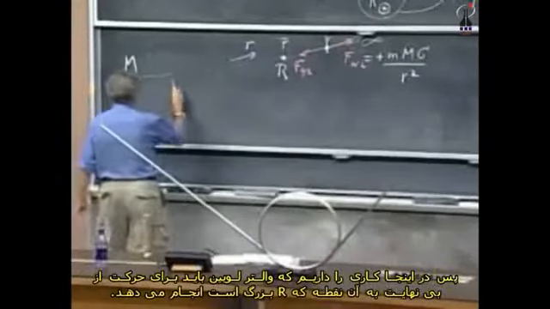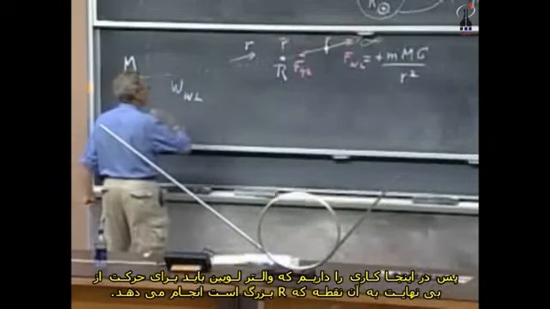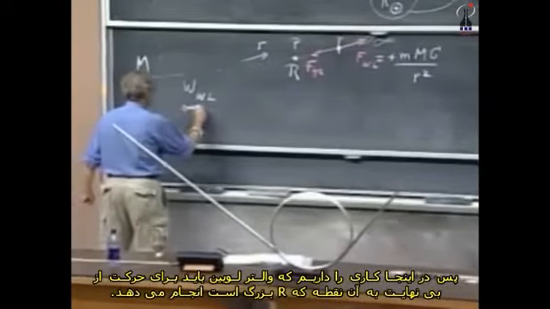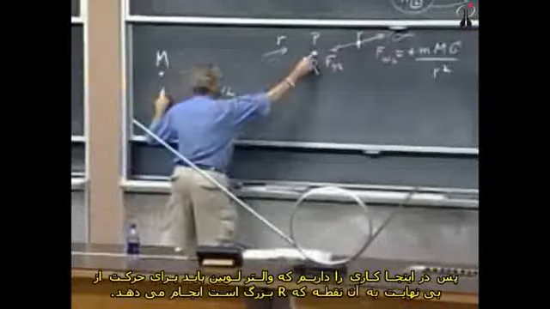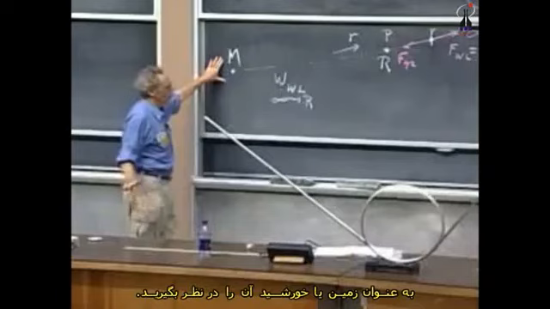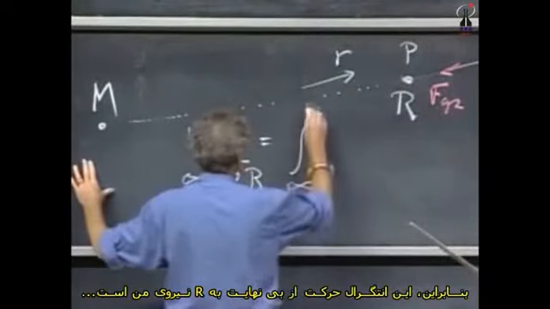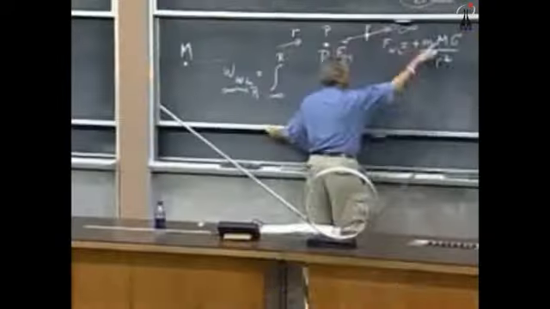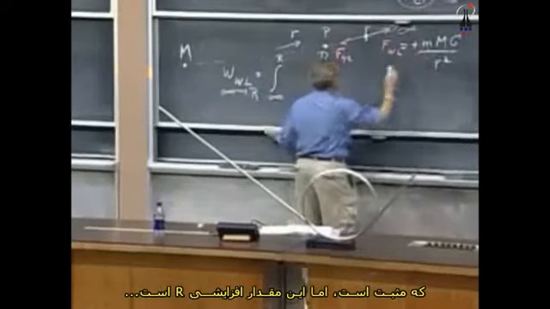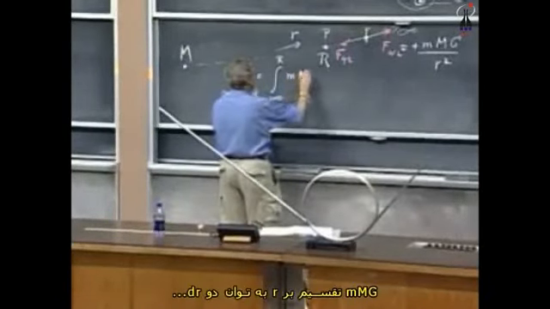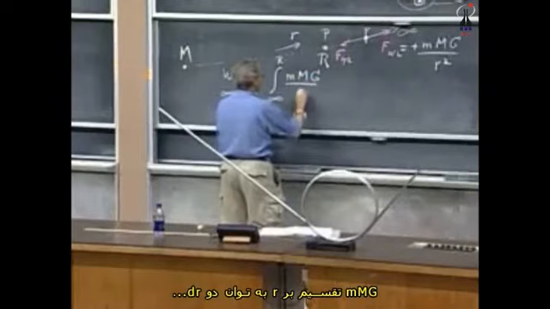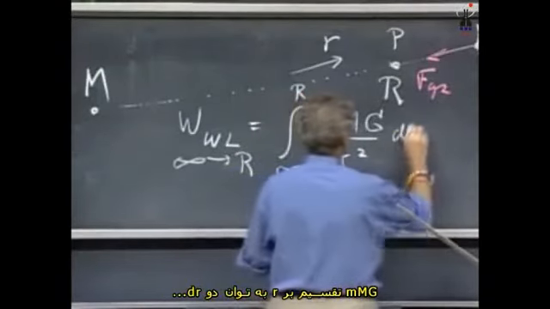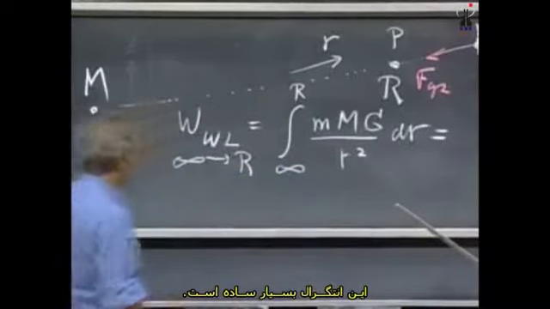So here comes the work that Walter Lewin has to do when we go from infinity to that point, which is capital R, radius from this object. Think of it as the Sun or the Earth, either one is fine. So that is the integral going from infinity to R of my force, which is plus, because it's an increasing value of R, mg divided by R squared, dr. That's a very easy integral.